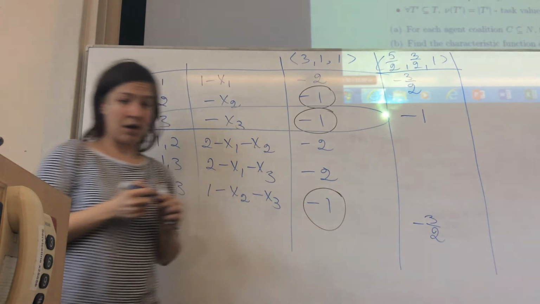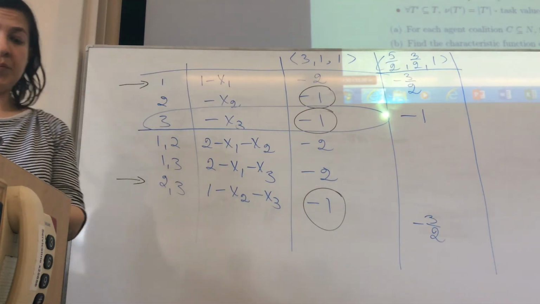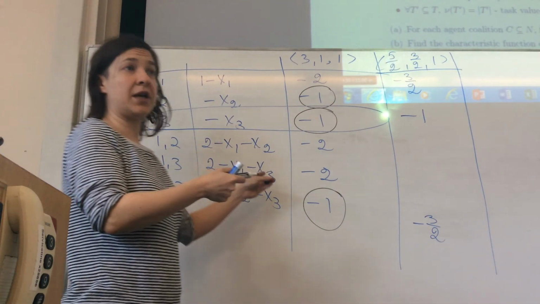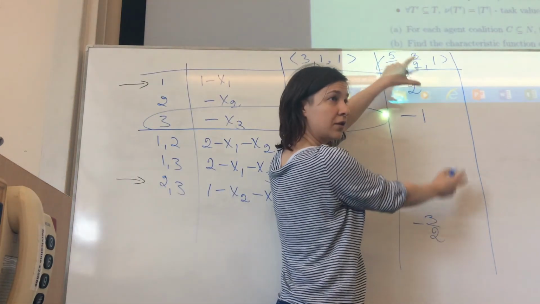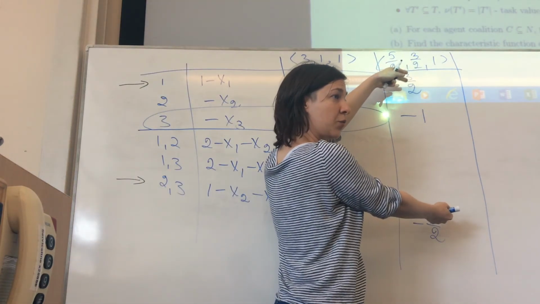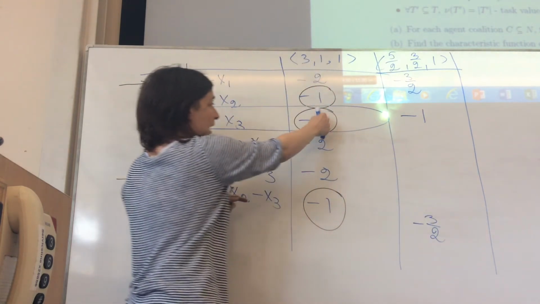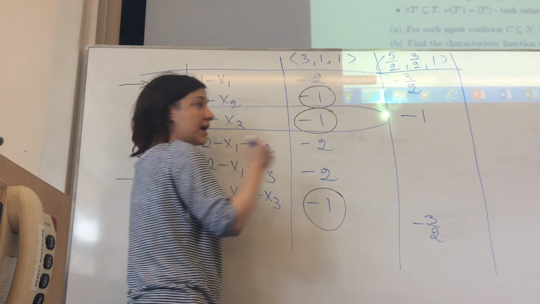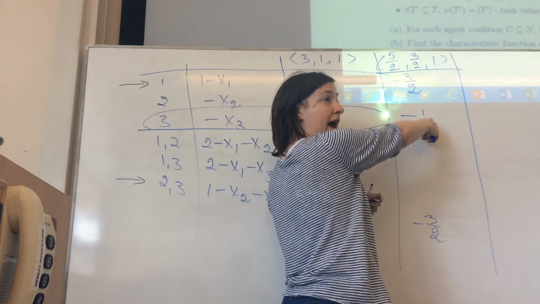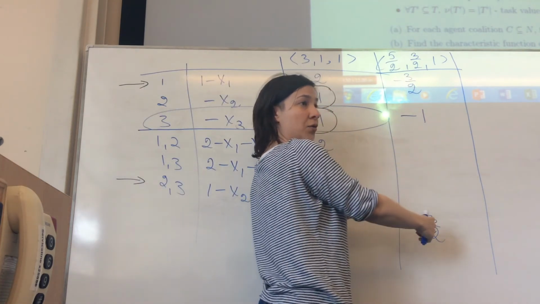Okay, so what some people have done, they stopped here because they said that's where these coalitions meet. But we had 3 coalitions with maximal excess, and this guy still has a greater excess than those.